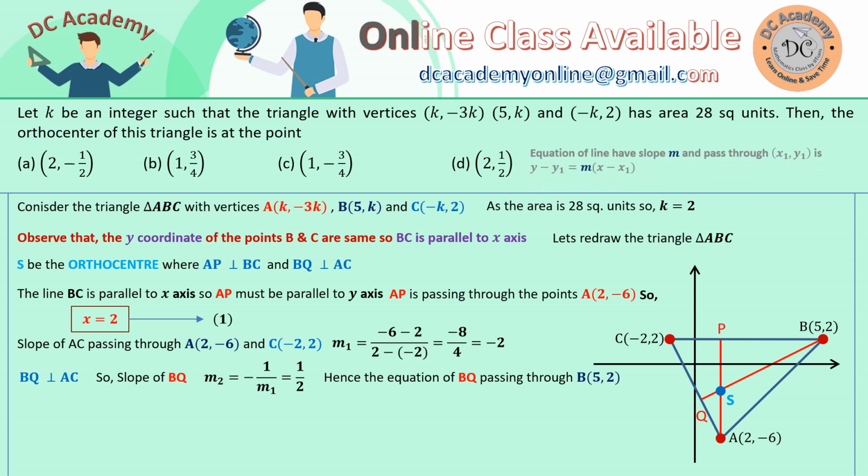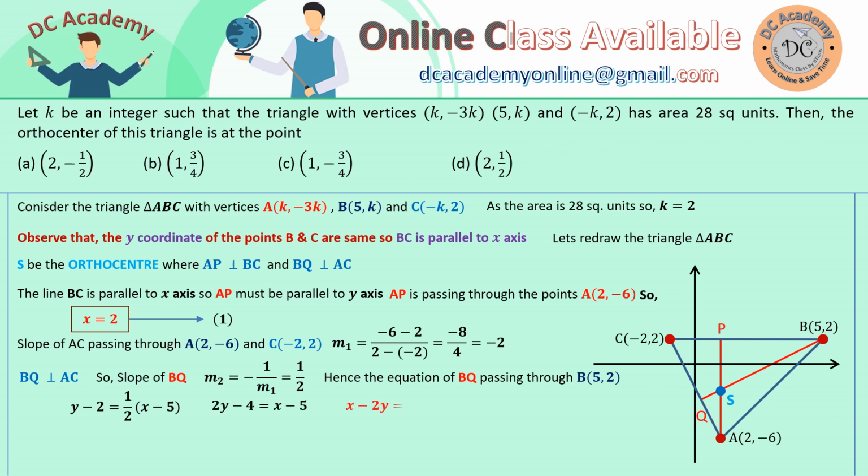So we can use the equation of a line having slope m and passing through the point (x1, y1): y - y1 = m(x - x1). Here m = 1/2, x1 = 5 and y1 = 2. So we get the equation of BQ. Let's simplify that. If we simplify it step by step, we get the equation of the line BQ as x - 2y = 1.